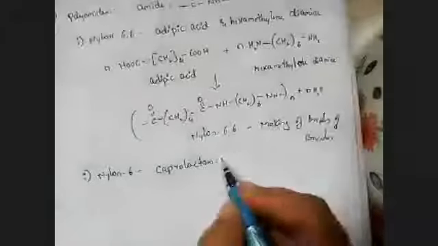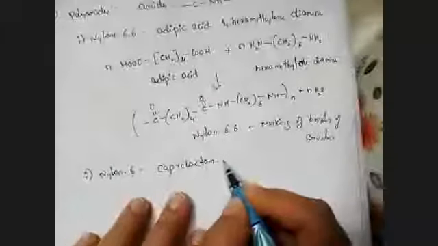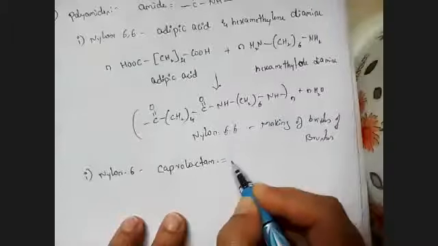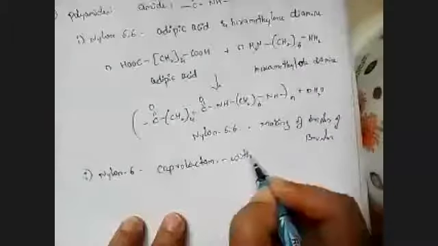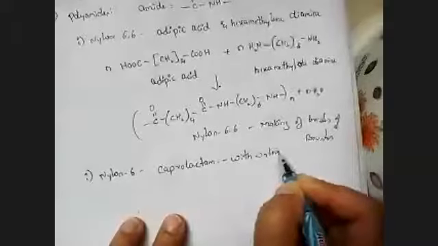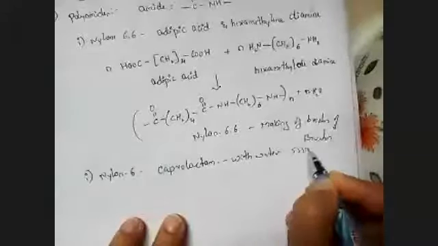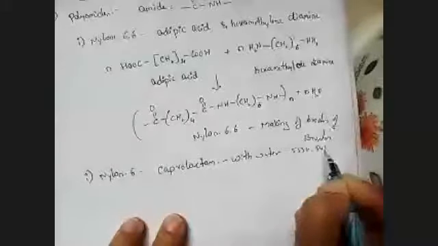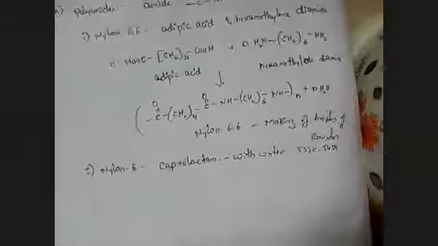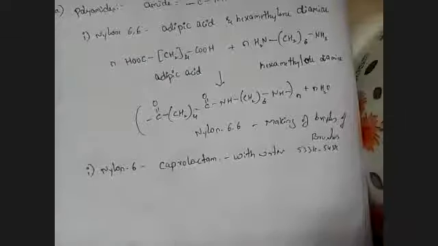So when you are heating this caprolactam with water at the temperature of 533 Kelvin to 543 Kelvin, you will get nylon 6. Let us write the structure.